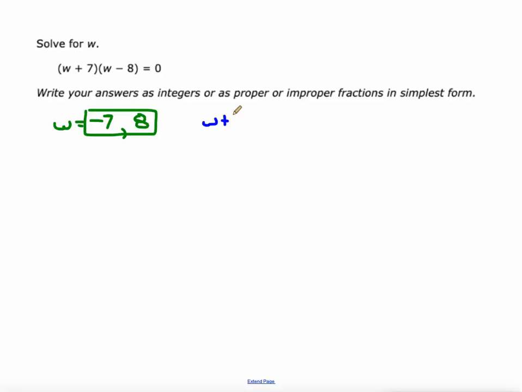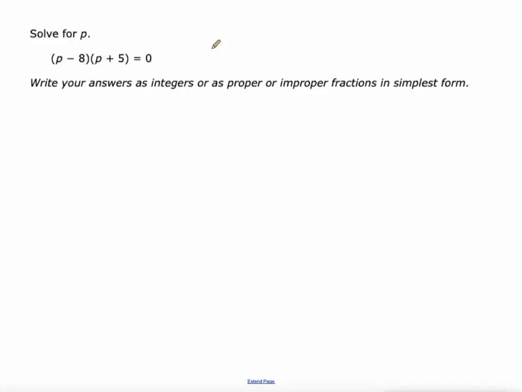So either w plus 7 equals 0, and if I solve that equation by subtracting 7 from both sides, I get -7, or w minus 8 equals 0, and if I solve that equation by adding 8 to both sides, I get w equals 8. Very simple.